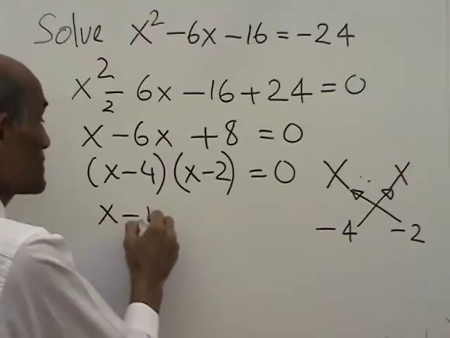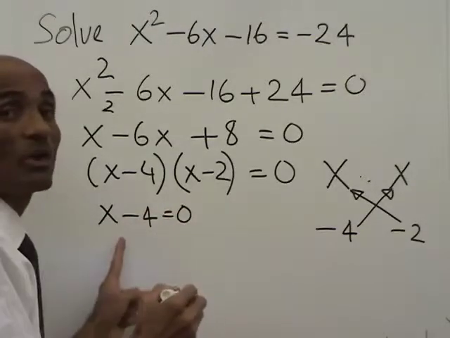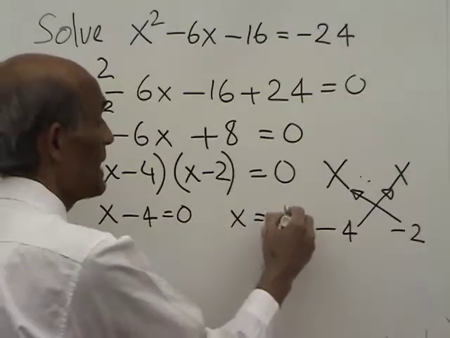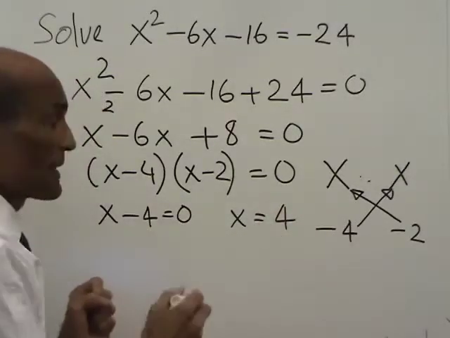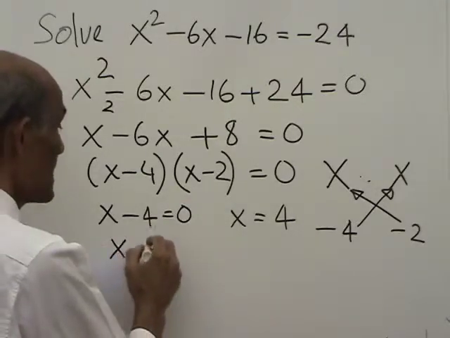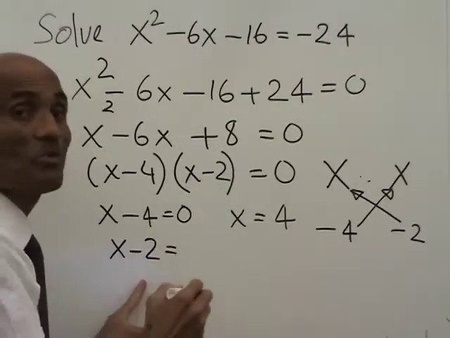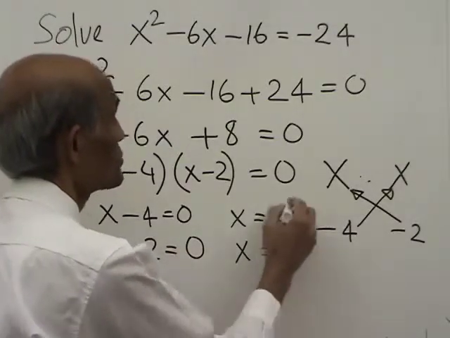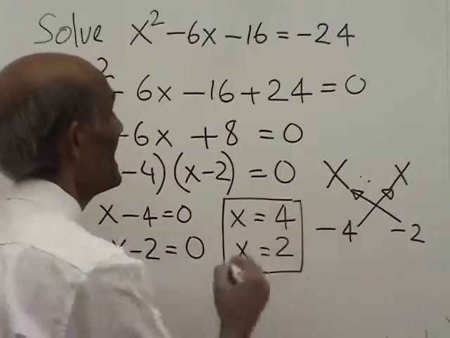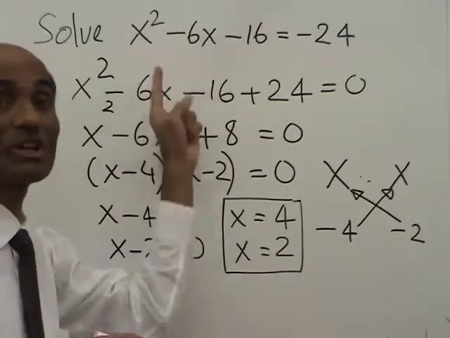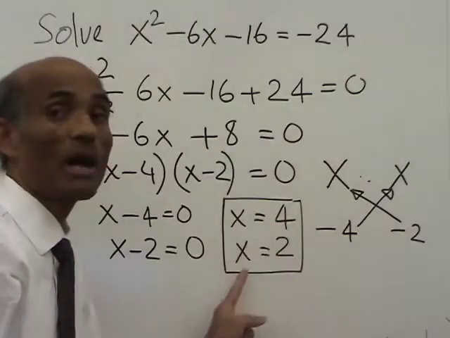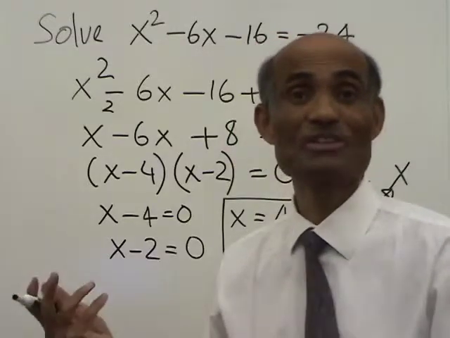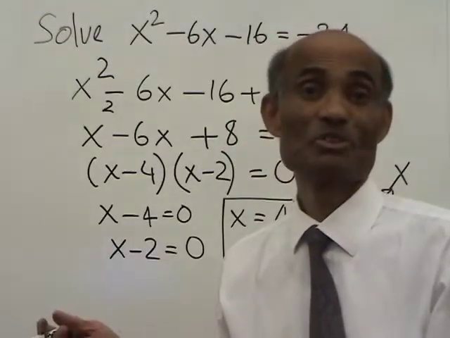Well, x minus 4 equal to 0 gives you x equal to 4, moving the negative 4 to the right side. Now, the second factor, set that equal to 0, x minus 2 equal to 0 gives you x equal to 2. So the two values of x that will satisfy this equation are x equal to 4 and x equal to 2. Very important type of equation, and you must be very familiar with solving it.